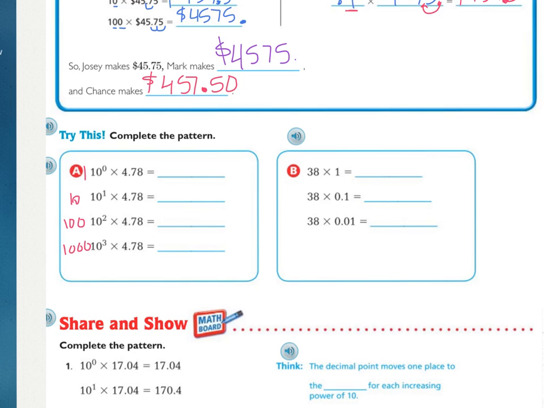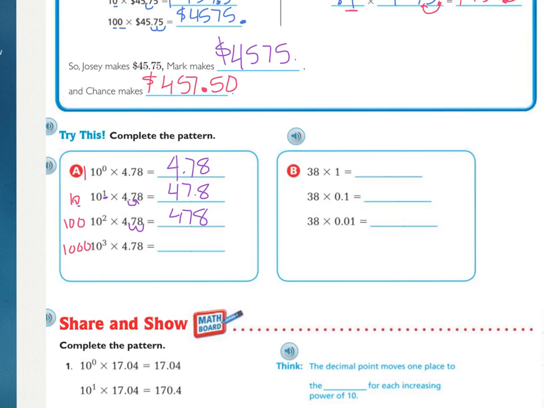Okay. So let's see, anything times 1 is itself, so it doesn't change at all. 4 and 78/100. 10 to the first power, there's 1 zero and the 1. And because it's tens, I move the decimal to the right 1 time. And then 10 to the second, I move it twice because there's 2 zeros in 100, so 478.